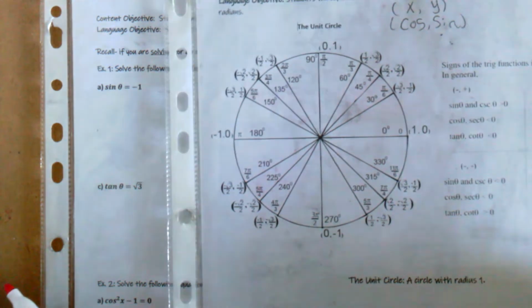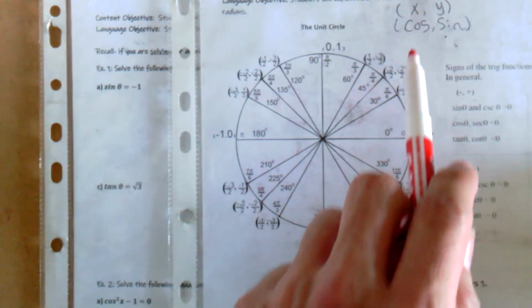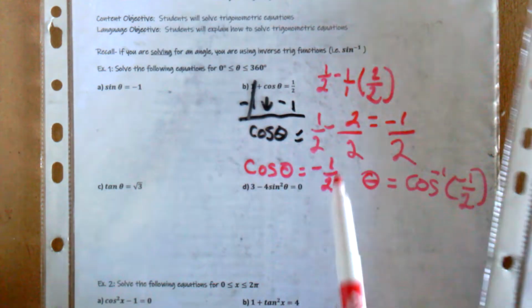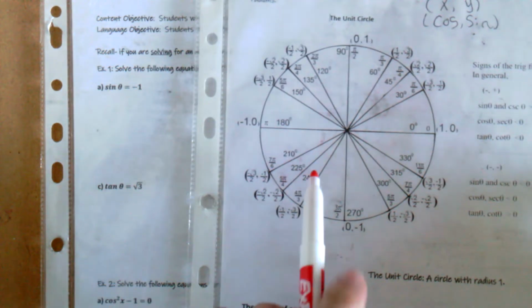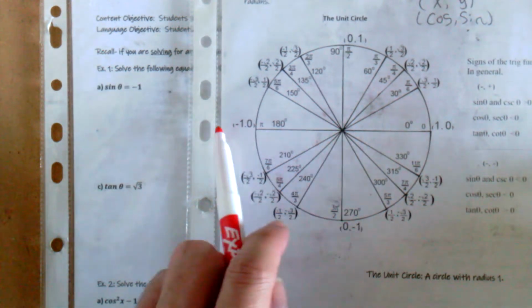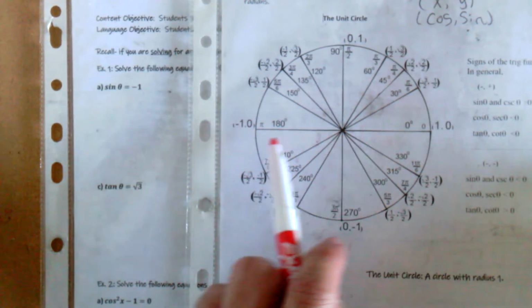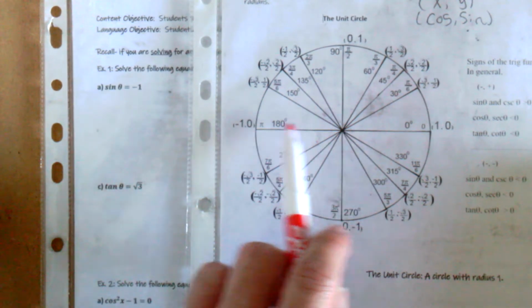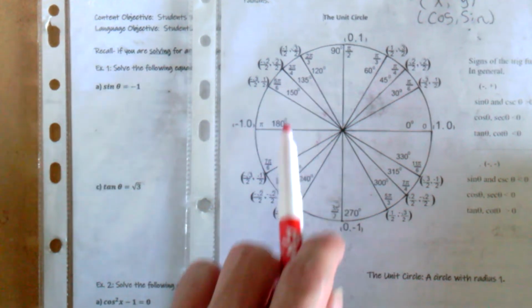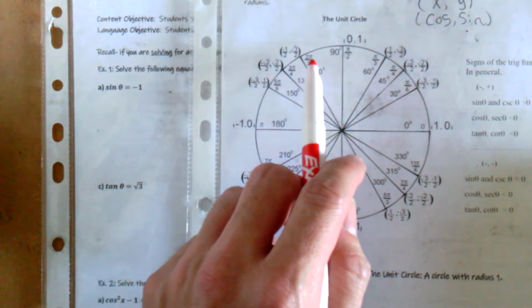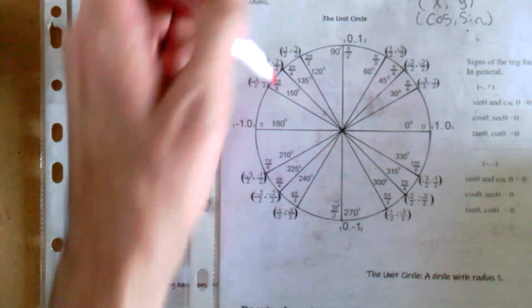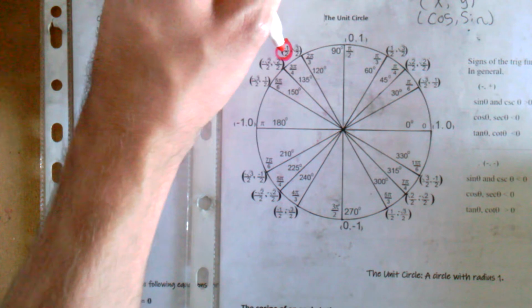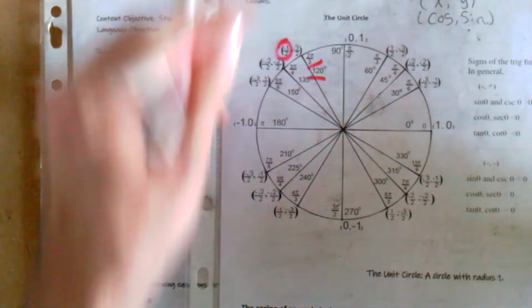So we know that cosine corresponds to the x-coordinate, and we know that cosine in this case is negative, because it's negative 1/2. When our x-coordinate or cosine is negative, we're on the left side of the unit circle. Remember, cosine can be negative 1/2 at more than 1 point, so we want to look at quadrant 2 and quadrant 3. So in quadrant 2, it looks like cosine is negative 1/2 right here at 120 degrees, or 2 pi over 3 radians.